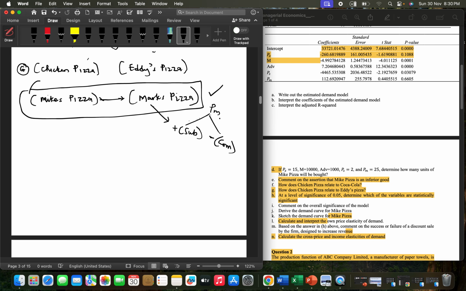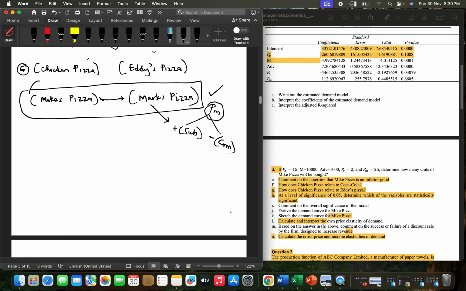Sorry. For PM, relationship, we do substitute and complementary. So we look for this variable in the question, PM. The coefficient, if it's positive, then it's a substitute good. But if it's negative, then it's a complementary good. From this side we were positive.